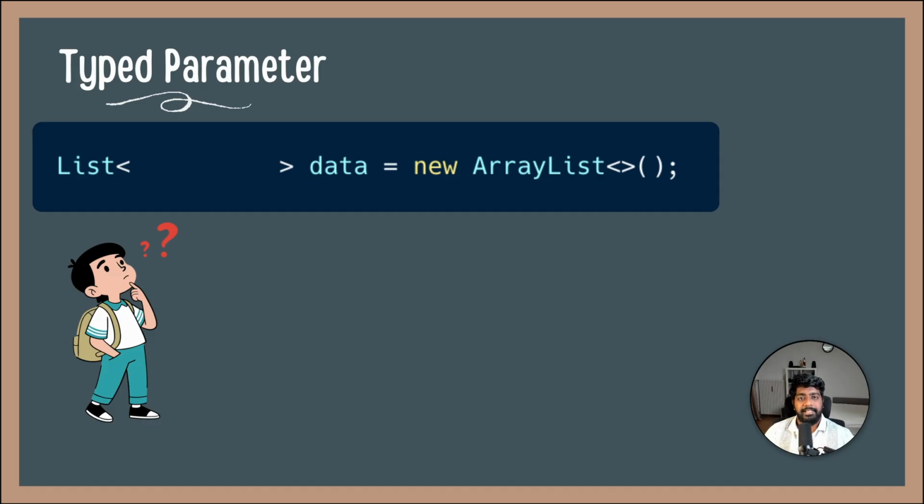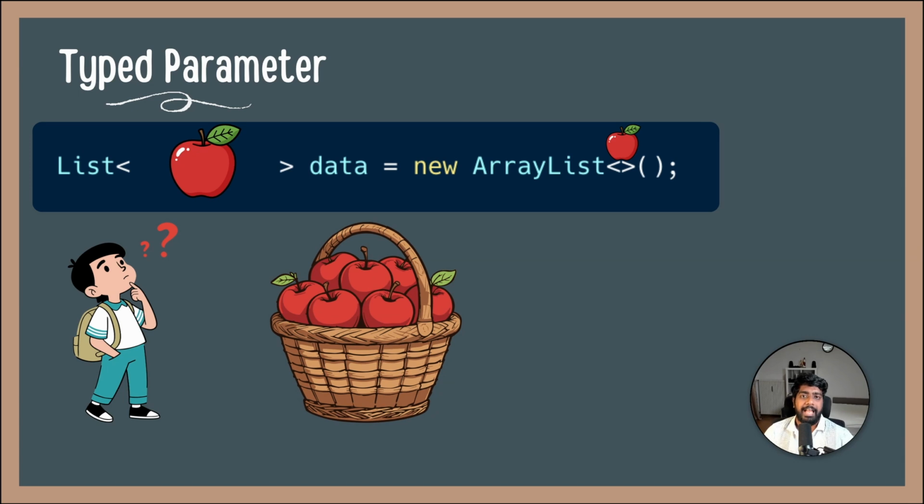So we will naturally mention the apple under the angle brackets. This type will be automatically inferred or automatically copied into the array list here. So ultimately what we have here is a list of apples. It's not a list of anything else.